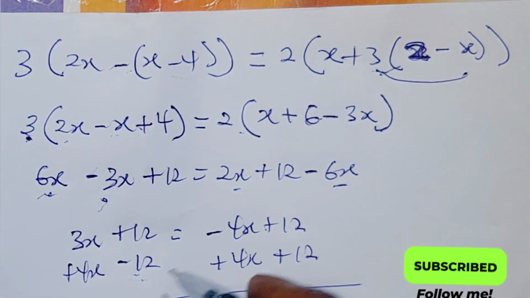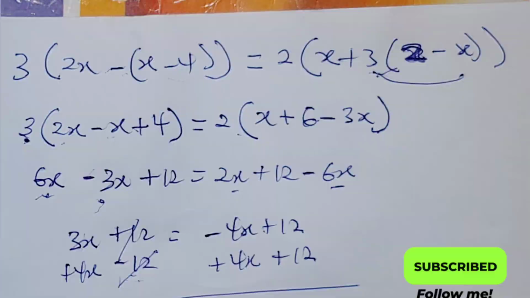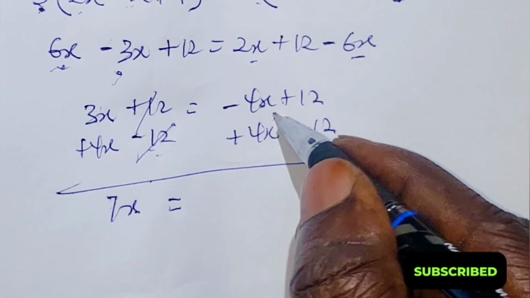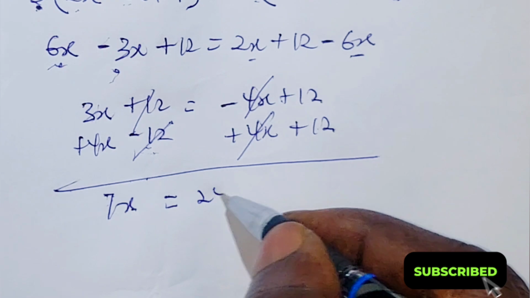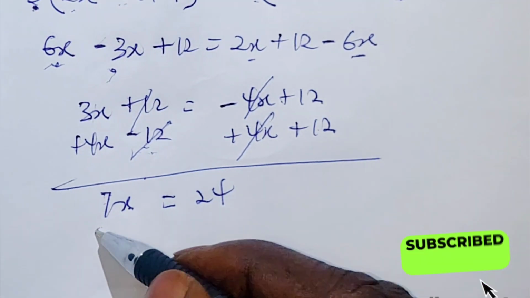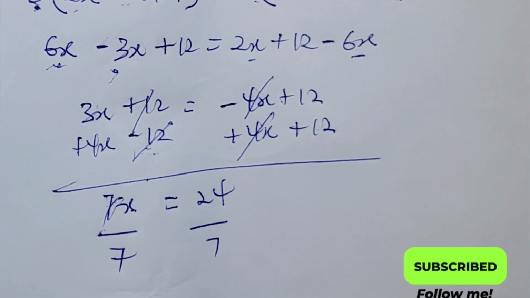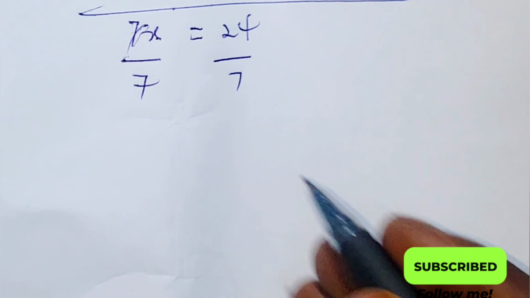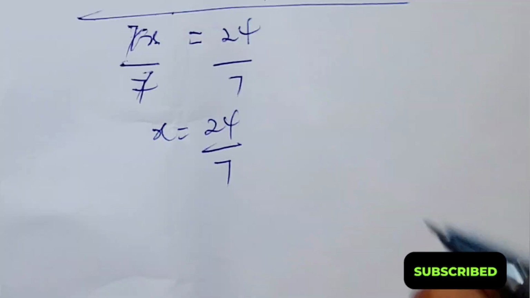So when you solve it, you're going to get this one canceling that, and this gives you 7x. Okay, and this cancels that, and 12 plus 12 is 24. All right, so we divide both sides by 7, and then our x becomes 24 divided by 7. All right, so that becomes the answer.